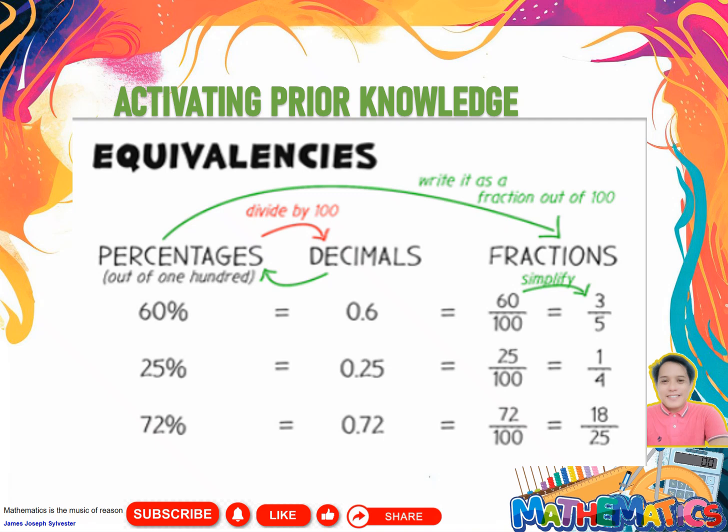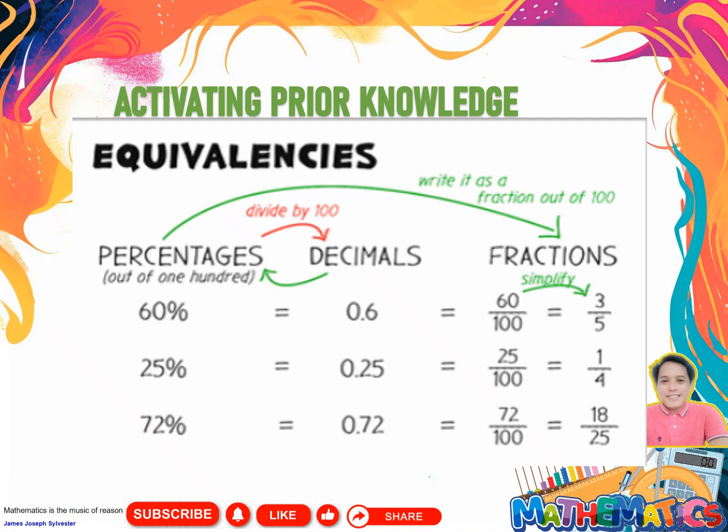25% is equivalent to 0.25 as our decimal form. While in fraction, we have 25 over 100, and we divide both sides by 25.